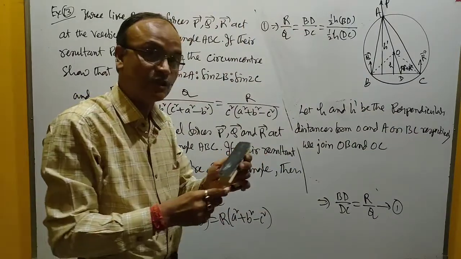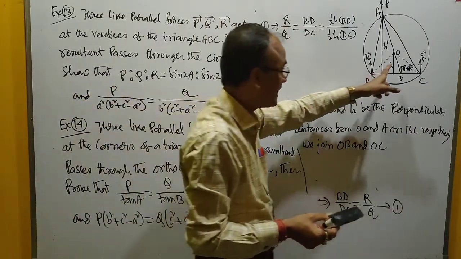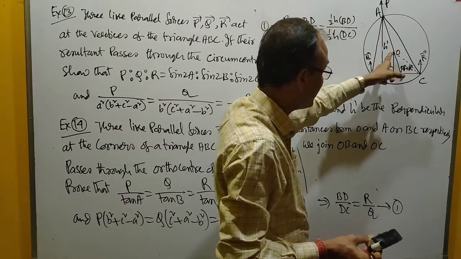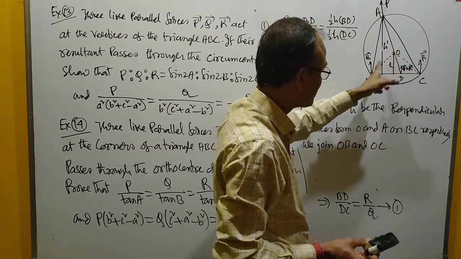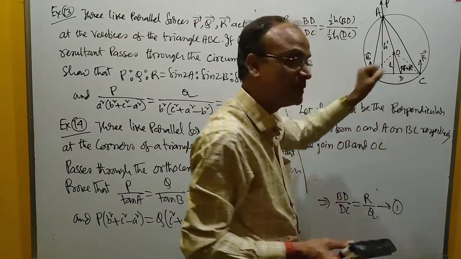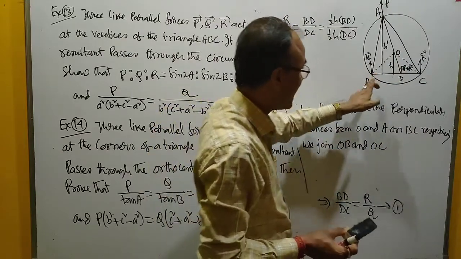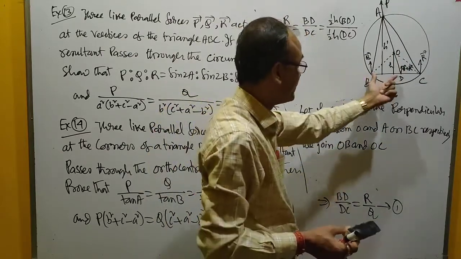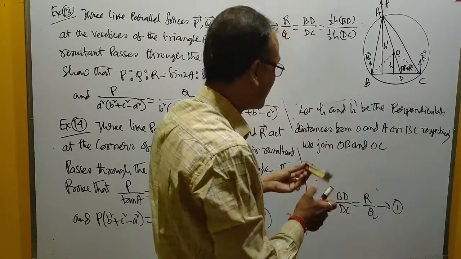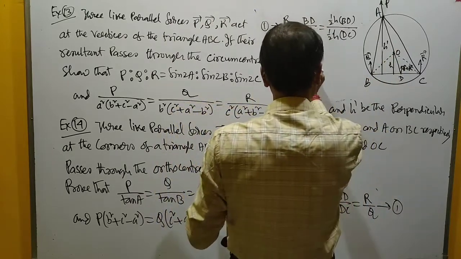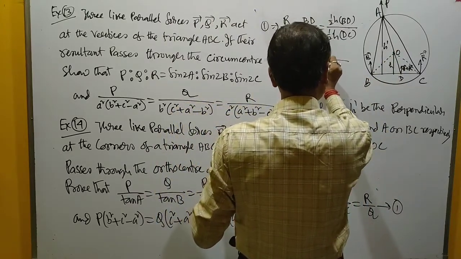Half of H into BD, what does it mean? It is nothing but the area of the triangle OBD. Half base into altitude, half into BD into OH, or into H. This is equal to the area of the triangle OBD.